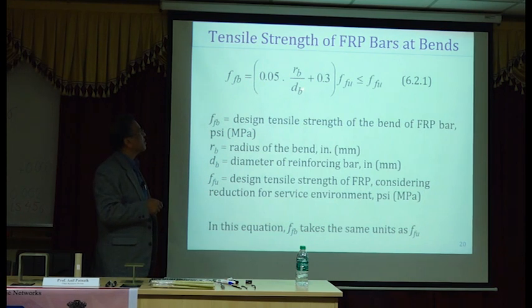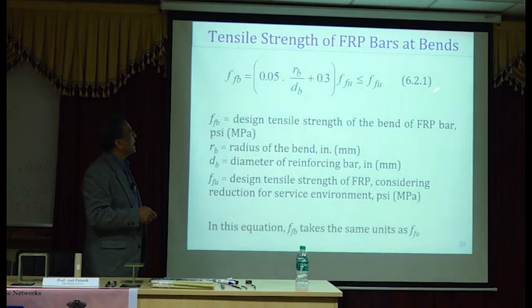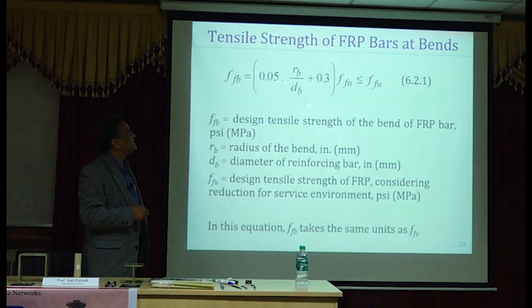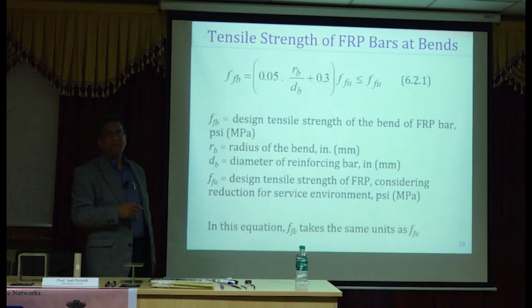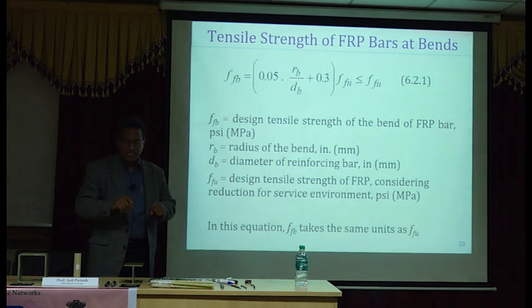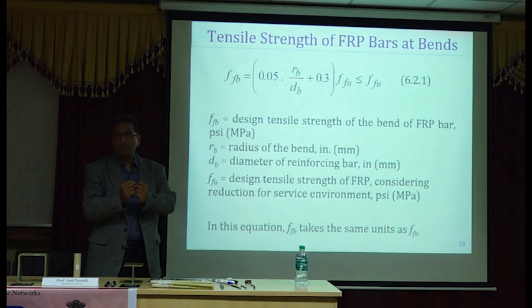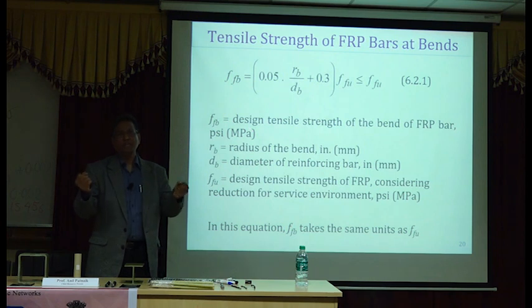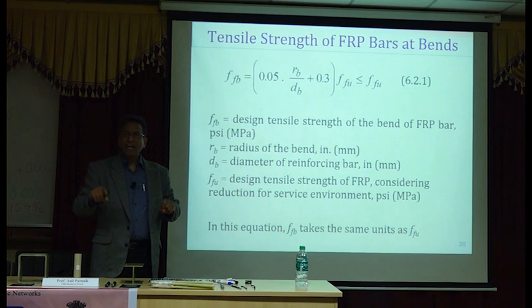And how much smaller? By a lot, actually. So they give you an equation for strength of bent bars. Not bent in the sense that you bend it after you fabricate; if you do that, it will break. You fabricate it as a bent bar.